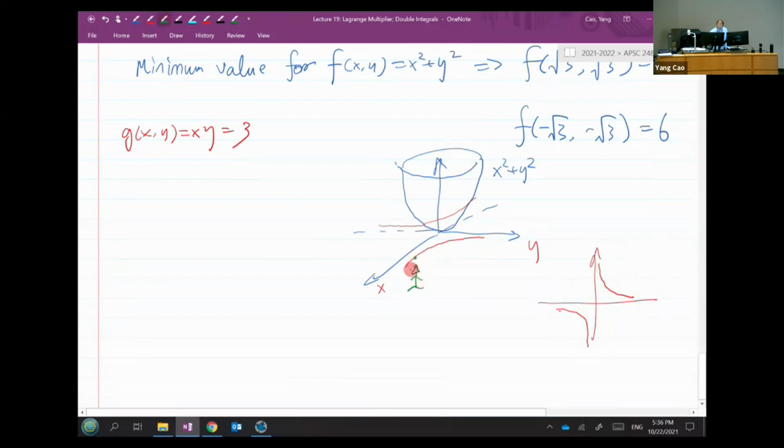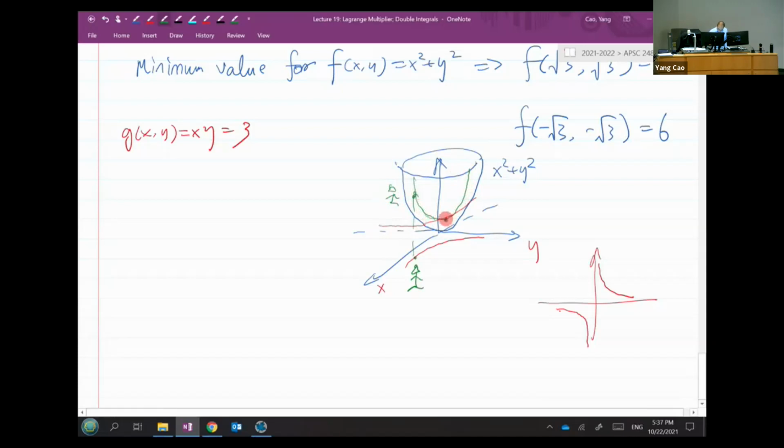If you've got a person moving along the constraint right here, and then you get person B, we'll trace out a curve right on the top surface.